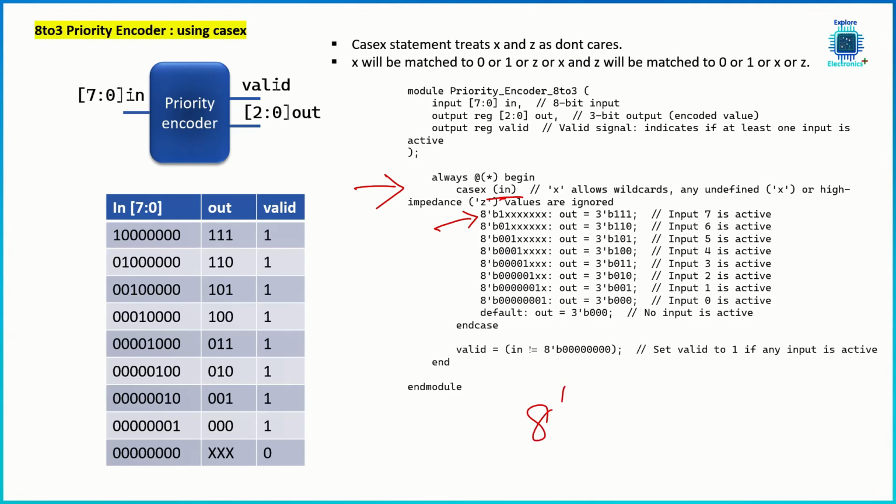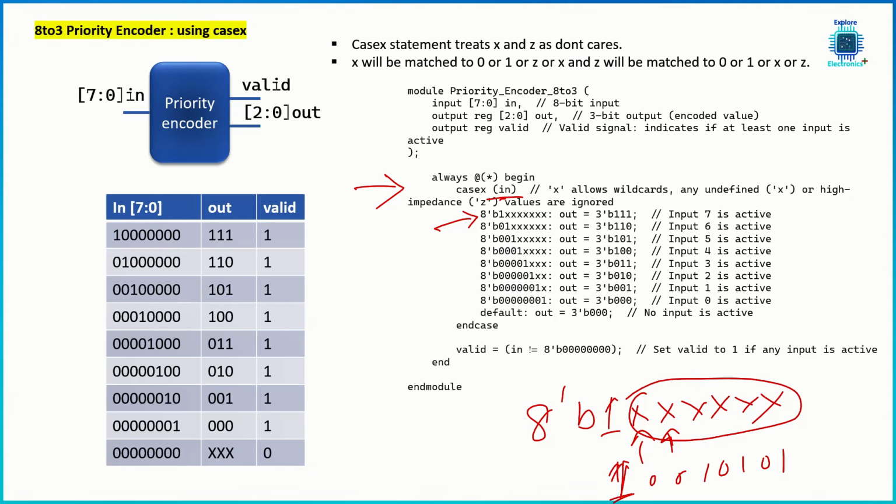What we have written is, suppose 8'b1 and all other 7 values are XXX. It means the 7th bit is 1 and all other bits can be any value. It can be like 0, 0, 1, 0, 1, like this. If the first bit is 1, it will treat the other bits as X, it will not consider them. Then it will directly encode to 111.